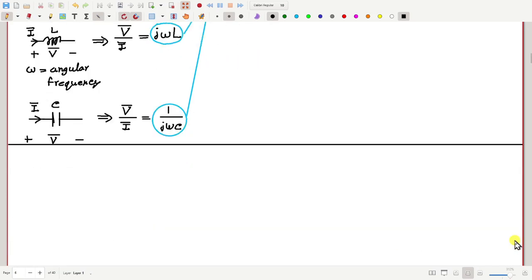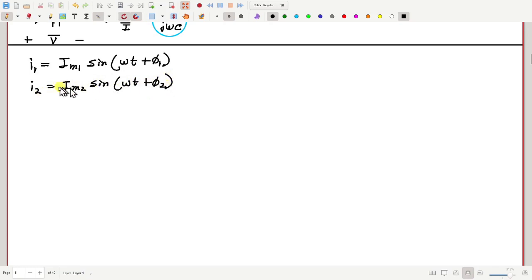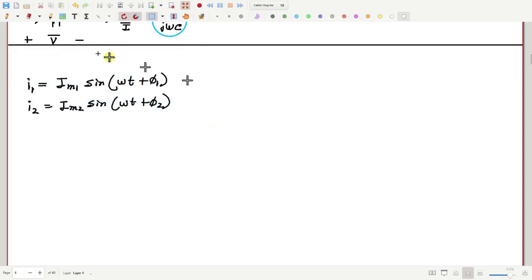Another fact, okay, suppose I have two currents, call it I1, which is Im1 sine(omega t plus phi 1), and another current I2, Im2 sine(omega t plus phi 2), and let the corresponding Phasor values be like this.